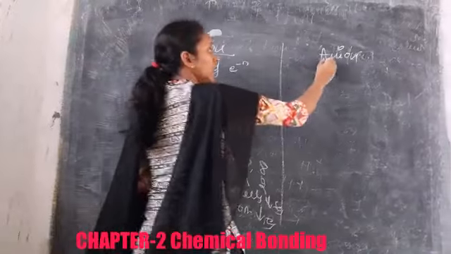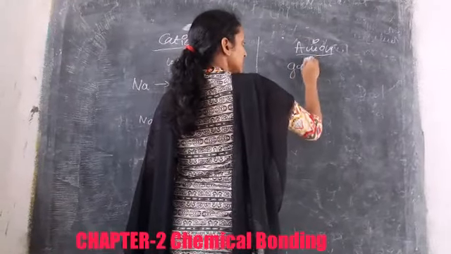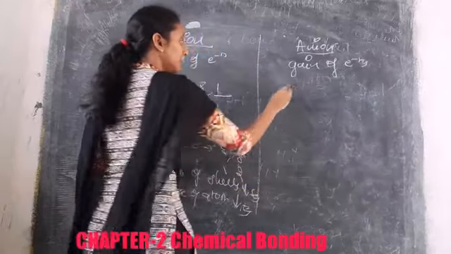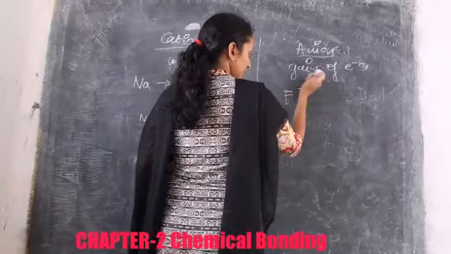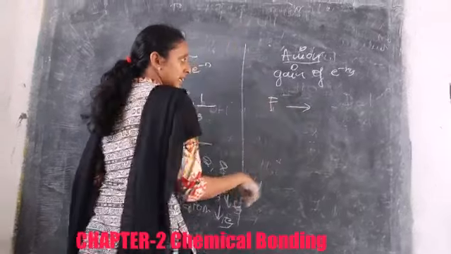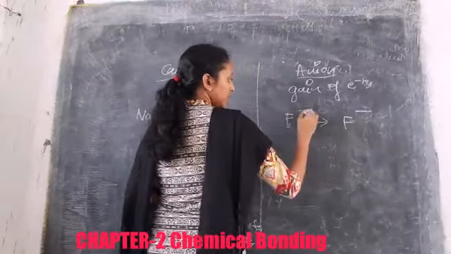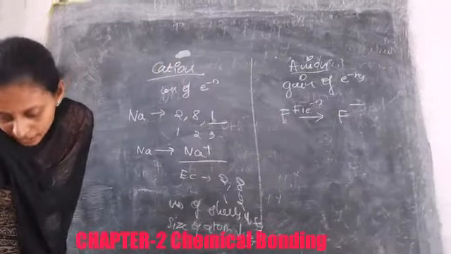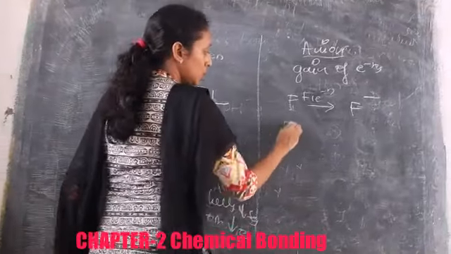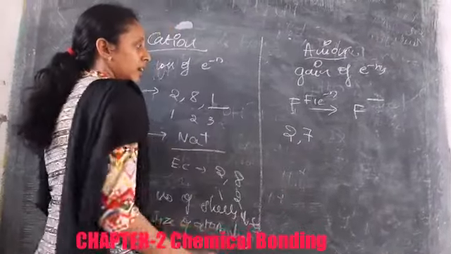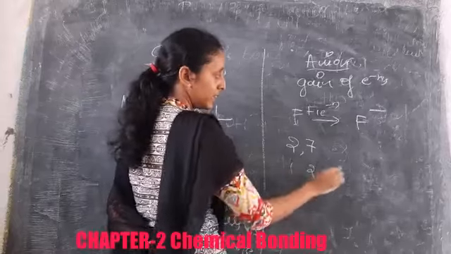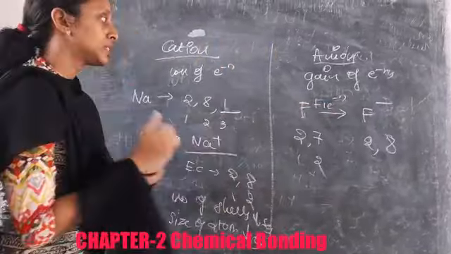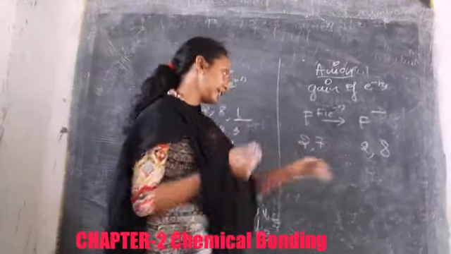Now coming to anion, gain of electrons. For example, fluorine, when it gains an electron, it becomes F minus. Its configuration is 2 7, first shell, second shell. Since it will gain an electron, it will become stable and form 8 electrons.